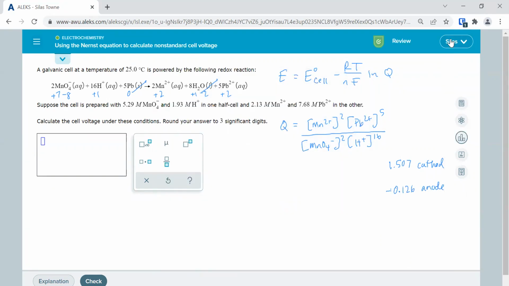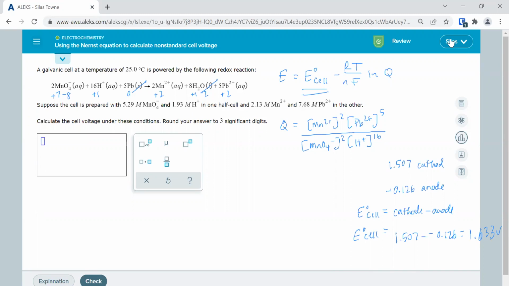Okay, so we can calculate our Ecell equals cathode minus anode, reduction potentials. So we get Ecell equals 1.507 minus a -0.126, which gives us 1.633 volts. Okay, so that is our number here.